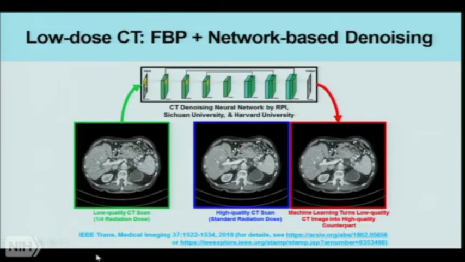Our group has 2 articles in the IEEE Transactions on Medical Imaging Special Issue, so you can see details about how this machine learning algorithm works. Basically, we use a very cheap, cost-effective filtered back projection as a starting point. Then the machine learning offers smart, nonlinear denoising capability that offers state-of-the-art performance.